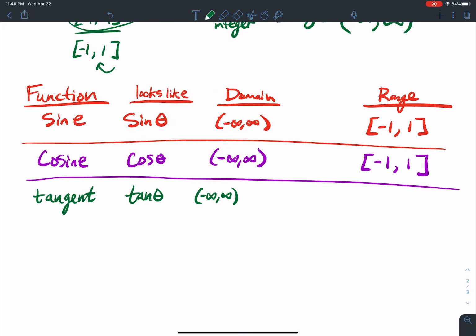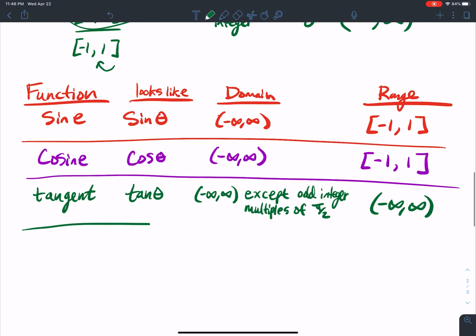So I want to exclude odd integer multiples of pi over 2, okay? And the range is all real numbers, okay?